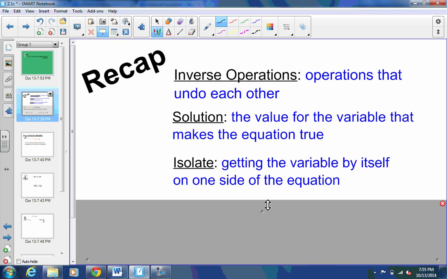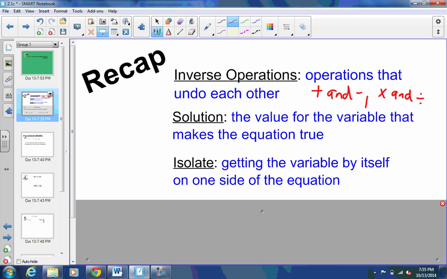For instance, you could say addition and subtraction are inverse operations. Flipping around, addition undoes subtraction and vice versa. You can also say that multiplication and division are inverse operations. So those are operations that we're going to use to solve equations. When you have addition, you can undo that addition by subtracting that number.